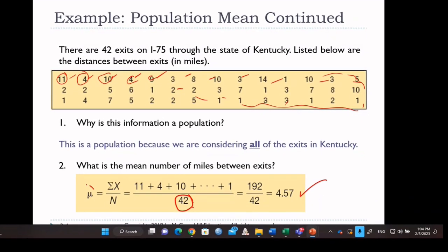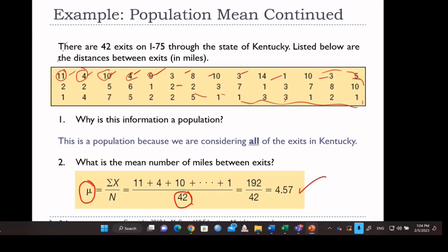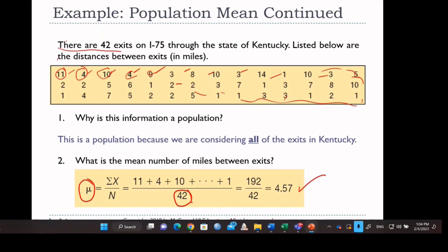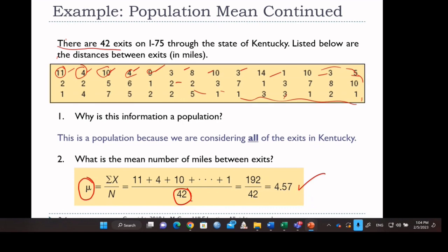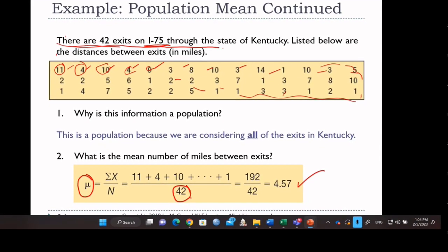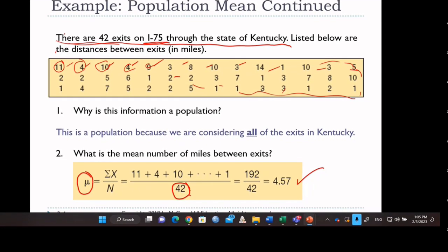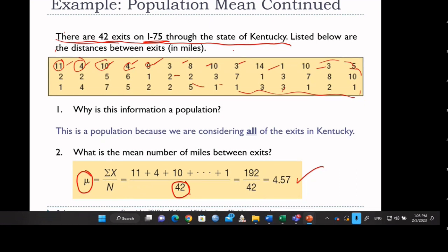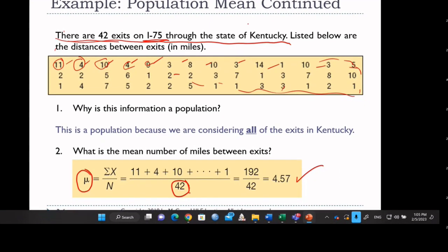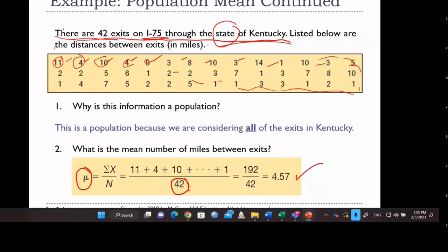Here it's mu. Why is it mu? Because these 42 data values are a population. Why is it a population? Because there are 42 exits on I-75 through the state of Kentucky, and listed below are the distances between exits. This covers the whole state, all 42 exits.